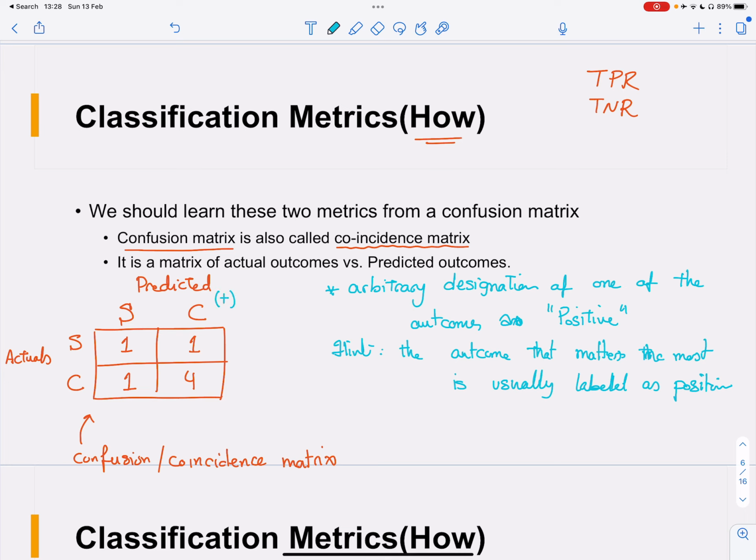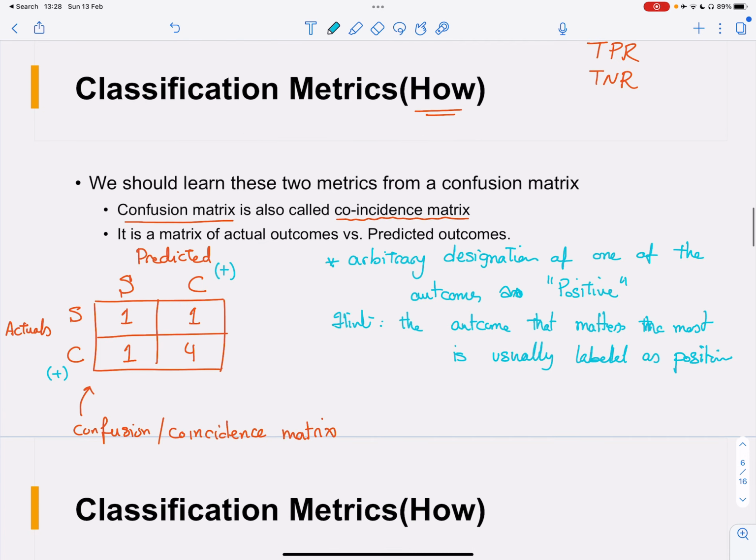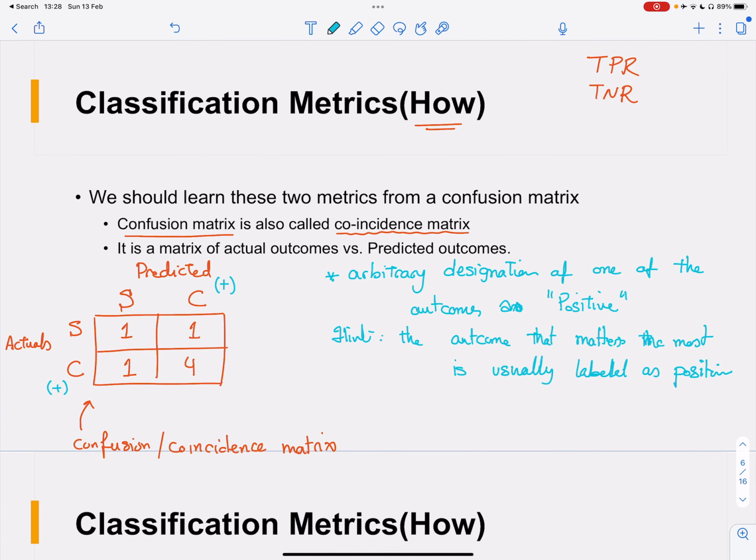Okay, we call this one positive. Good. And it's important to remember that it is just as equally valid to call sunny positive and call this one negative. Okay, doesn't matter. It's just a choice.